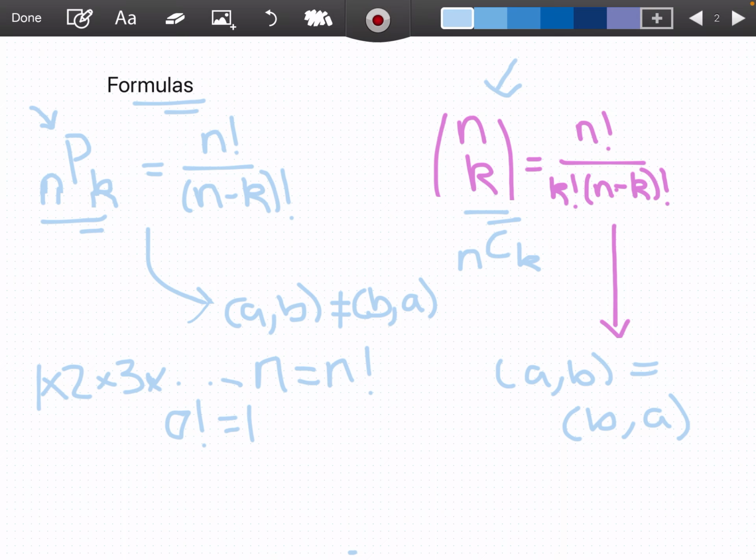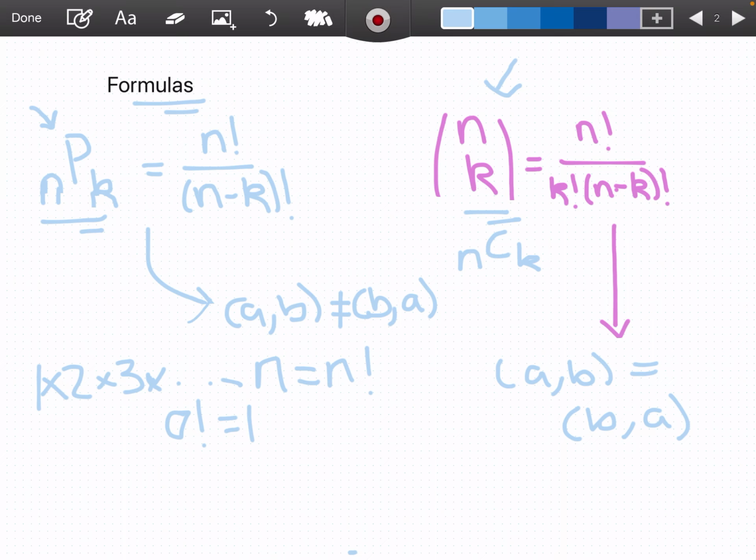So what we can say here is that 5 choose K is, wait, let me rewrite that. Okay, so we can say that 5 choose K is the same as 5 choose 5 minus K.